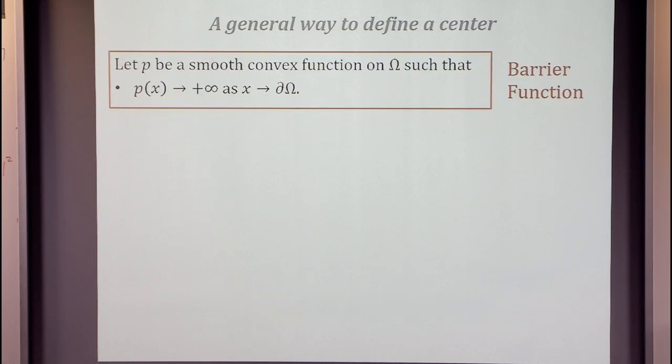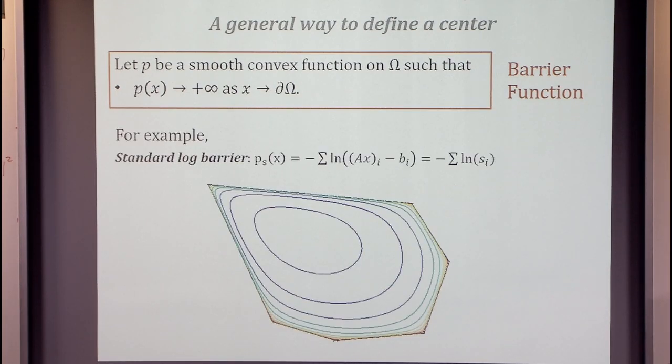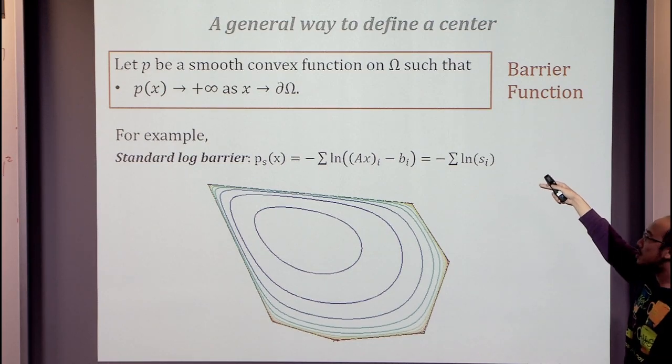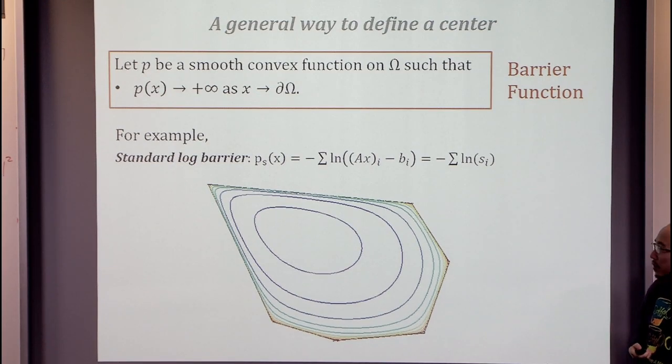So then, how should we define a center? The usual way to define a center in the interior point method is via a function. Say we are given a function on the polytope that is convex and smooth, and we assume the function will blow up on the boundary. We call such functions barrier functions. For example, the standard one is called the standard log barrier function.